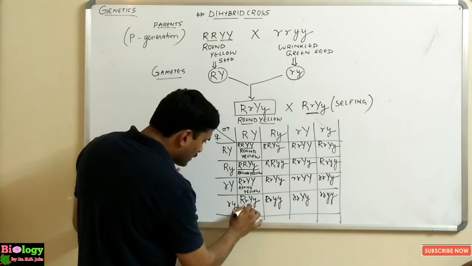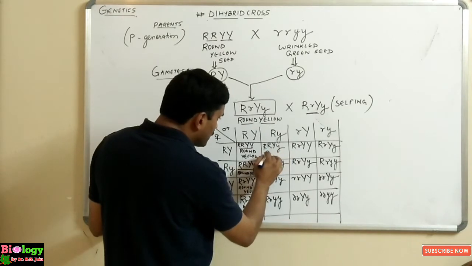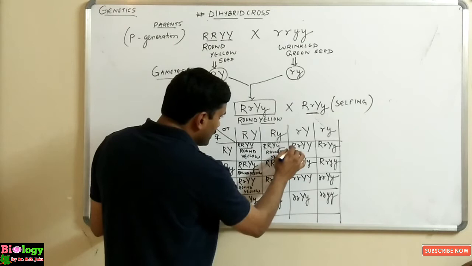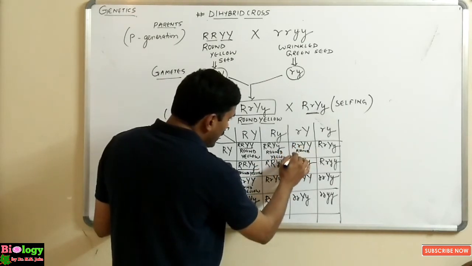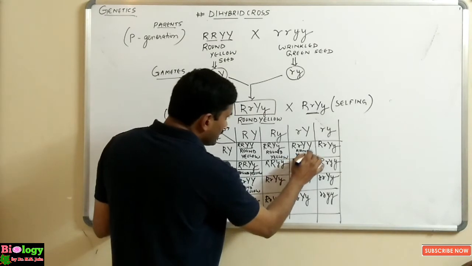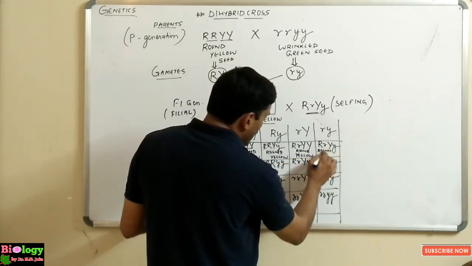So again, round and yellow. Look at this one, this is dominant over this one, so round and yellow. This is dominant over this one, round and yellow.